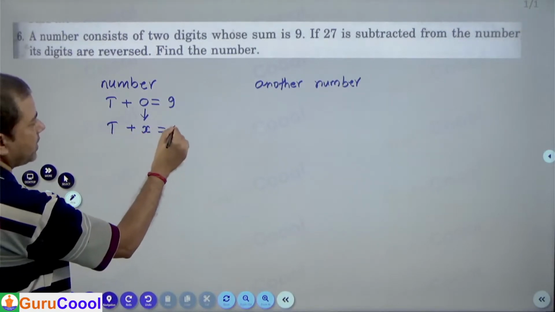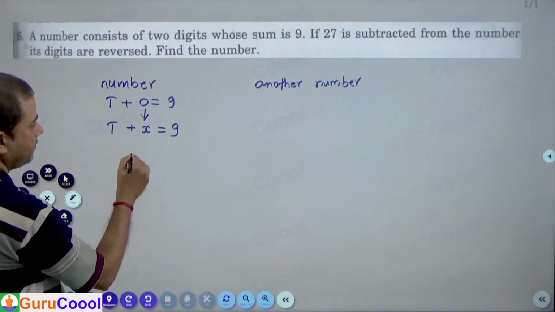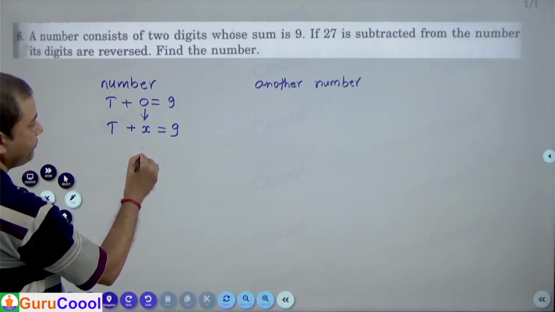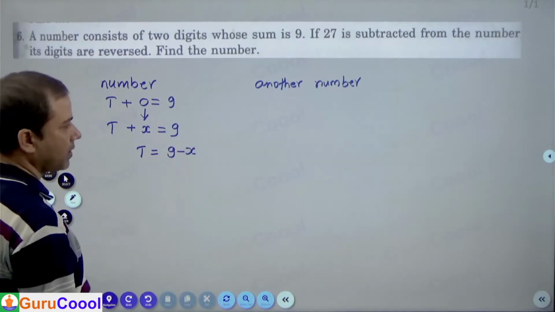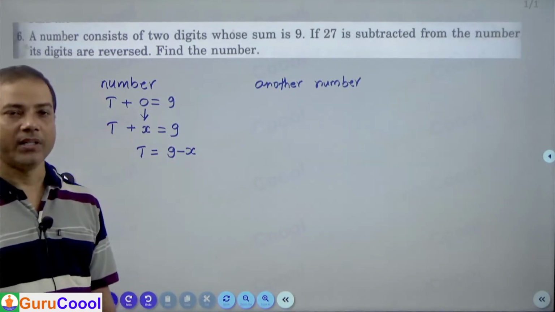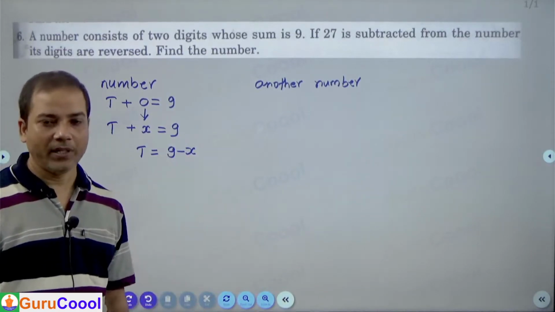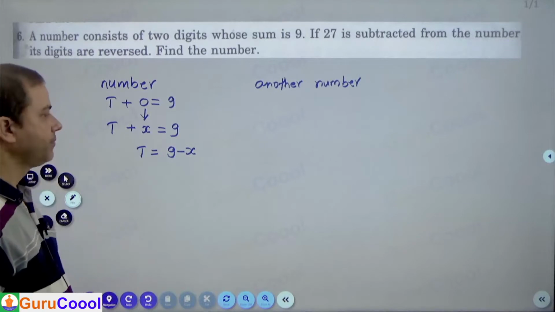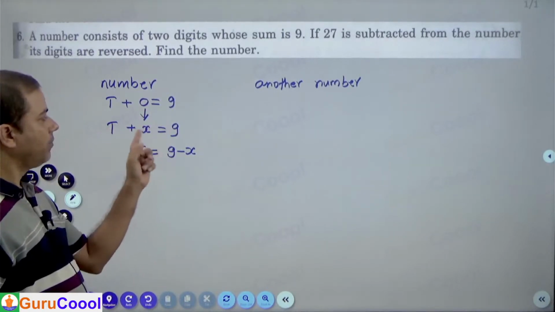And we don't know tens place. What do you think tens place will be then? 9 minus x. Use some brain also. You are detective. If you cannot use that much brain, how can you be detective? If ones place is equal to x, then the tens place is 9 minus x.